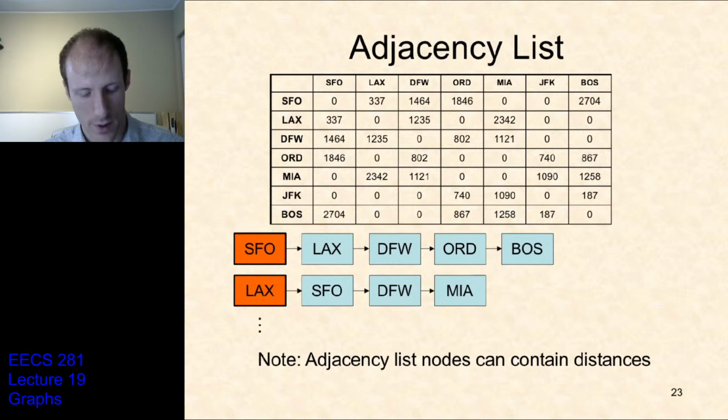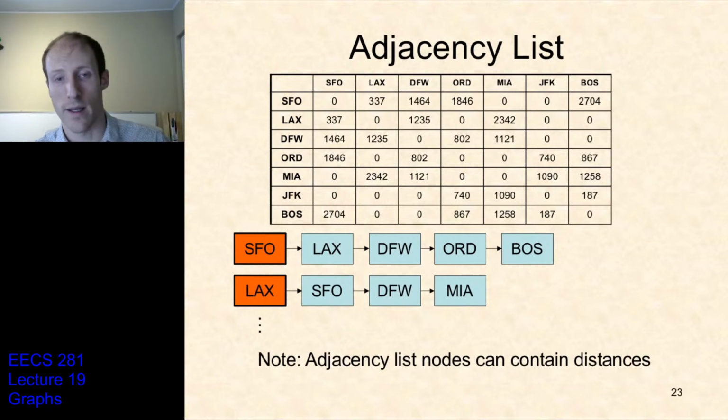And so we're going to have a bunch of lists, one per airport. So we've got our list for SFO, we've got our list for LAX. We would also have lists for the rest of them. So DFW, ORD, MIA, JFK, BOS. If we want to store the weights in our adjacency list representation, we can just put the weight or the distance into each of the nodes in the list.